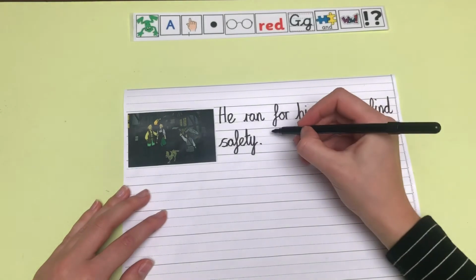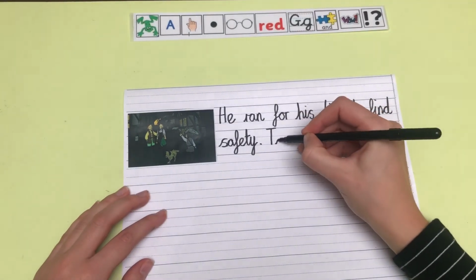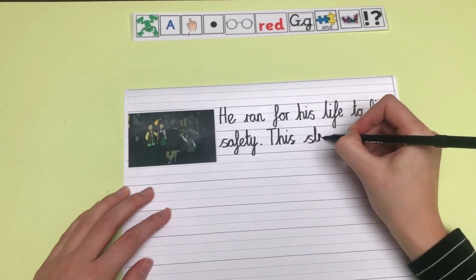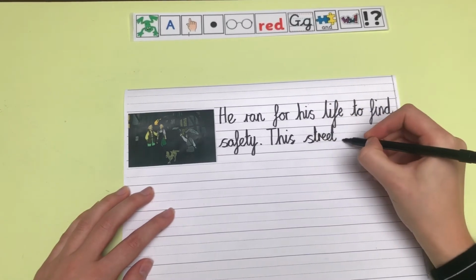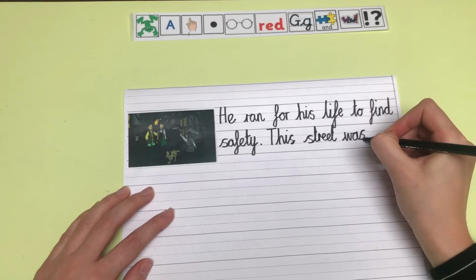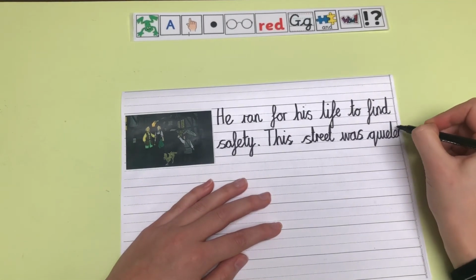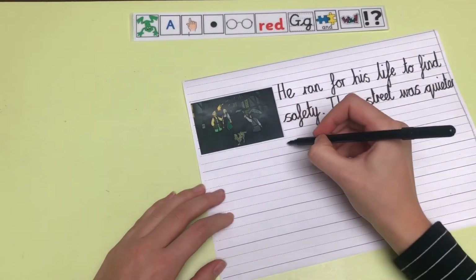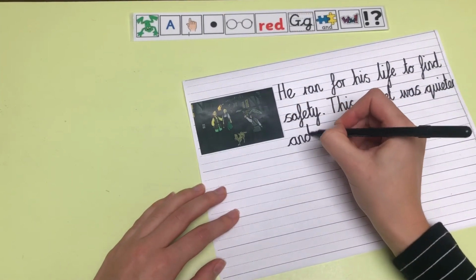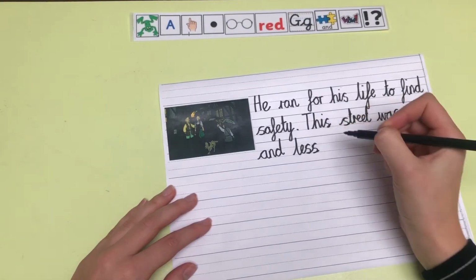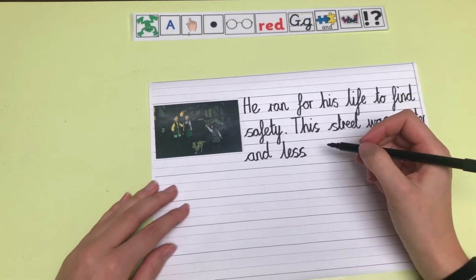So I'm going to start this sentence by saying this street was quieter and less chaotic. So that means that there was less people running about all over the place.